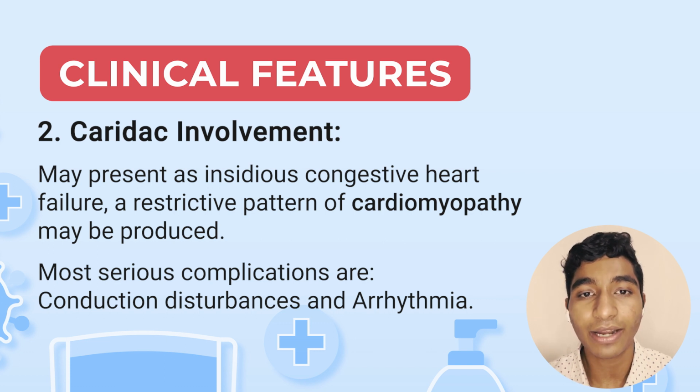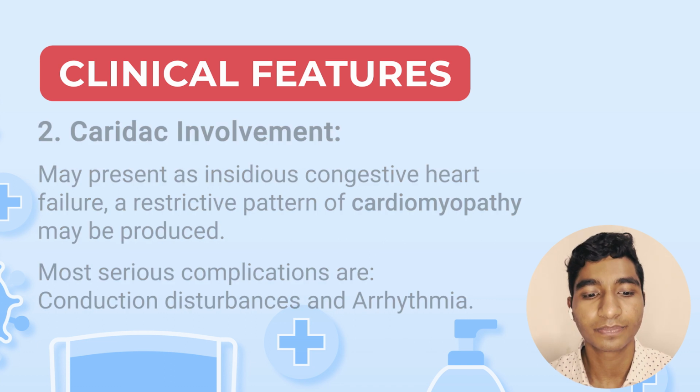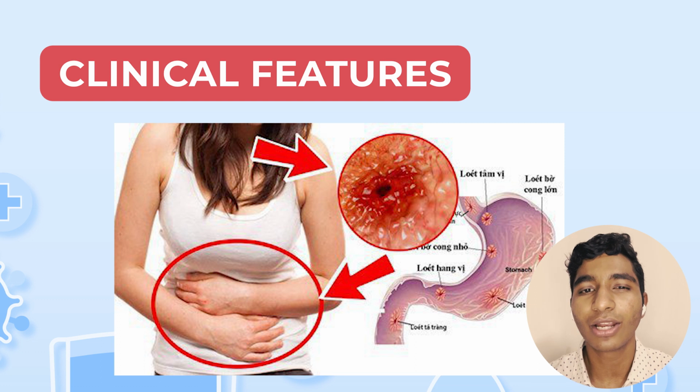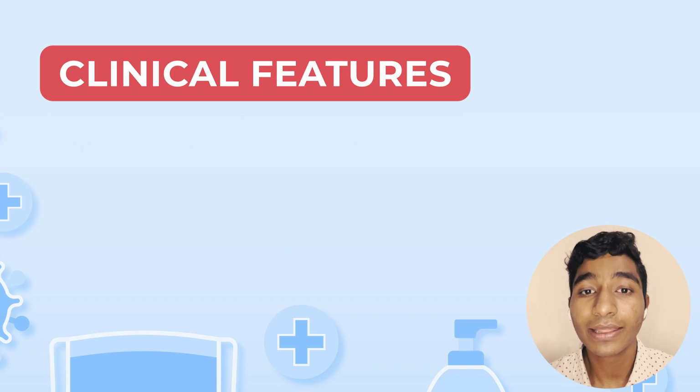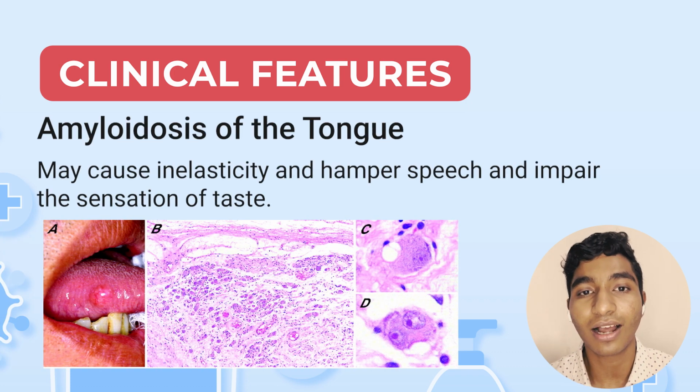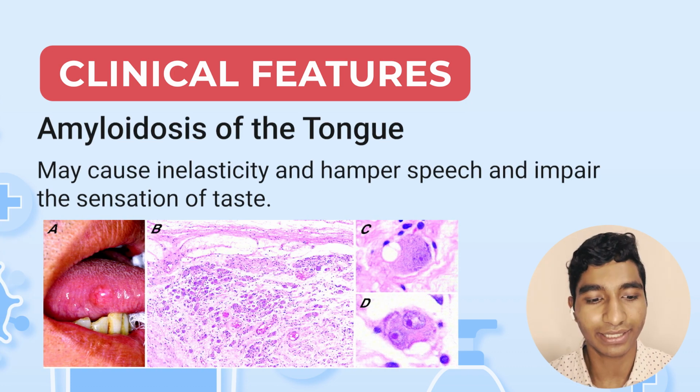A restrictive pattern of cardiomyopathy may be seen, and serious complications of cardiac involvement could be conduction disturbances and arrhythmias. We will also look at GI amyloidosis as a local involvement. However, the set of symptoms there are very non-specific. Could be diarrhea, could be vomiting, could be inability to absorb food. There could also be amyloidosis of the tongue, which could hamper speech or taste.